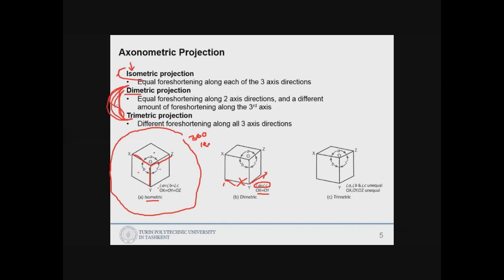In the computer it's easy, but by hand it is difficult, so you might have many errors. So that's why we study isometric projection. When we say axonometric projection, sometimes we mean isometric projections. Once you do isometric projection, you are able to generate the other two in the computer.